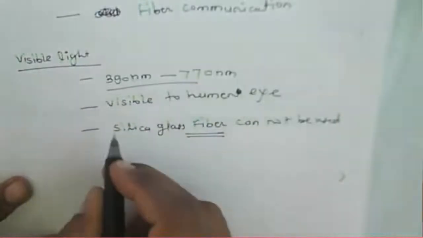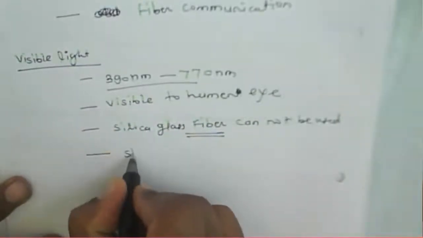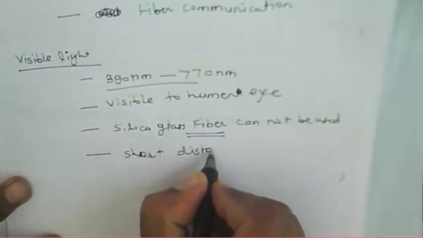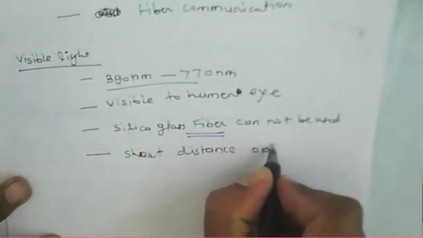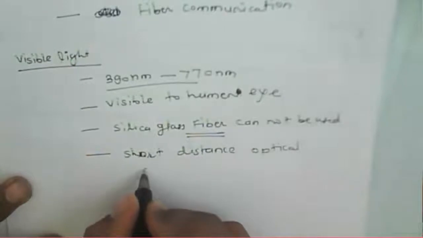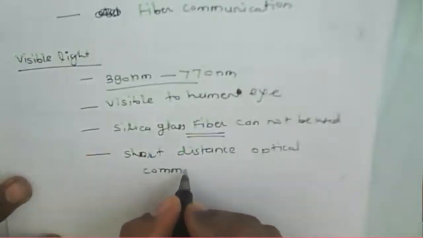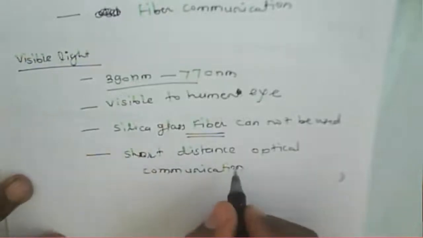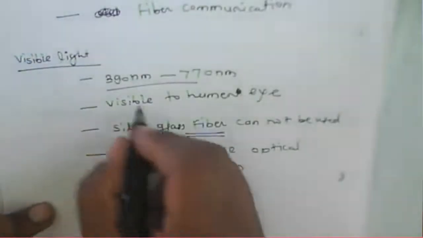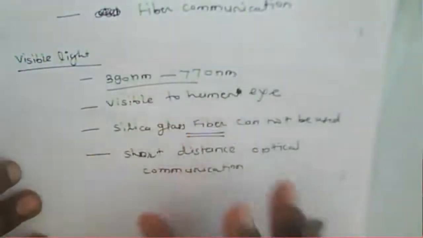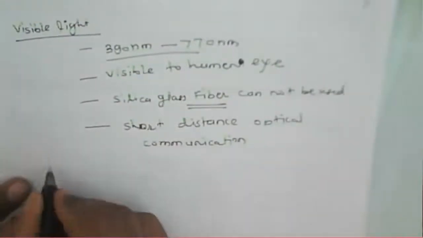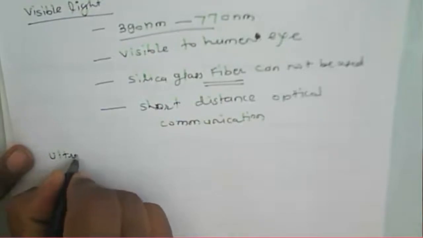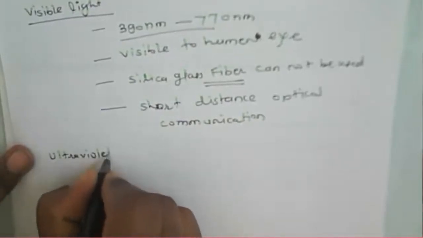That's why this cannot be used for longer distance communication. But for short distance optical communication, this visible light can be used.